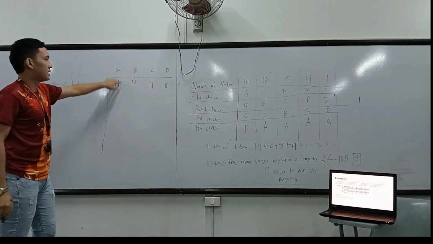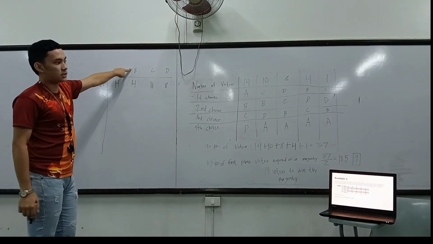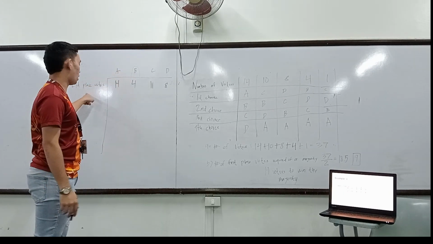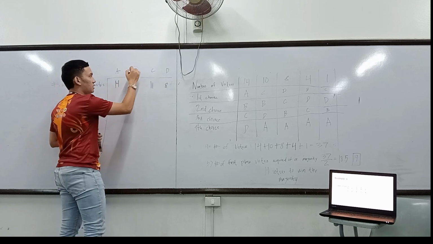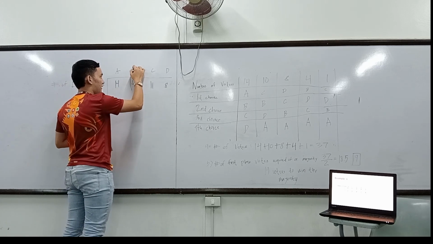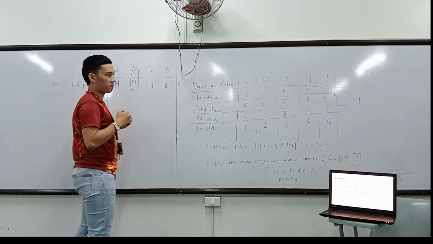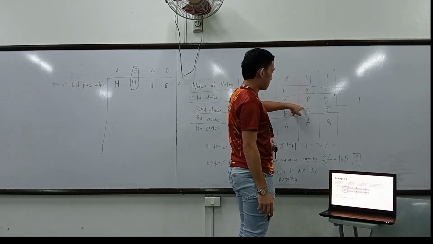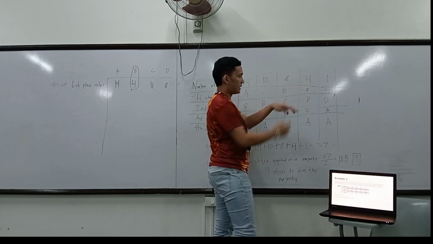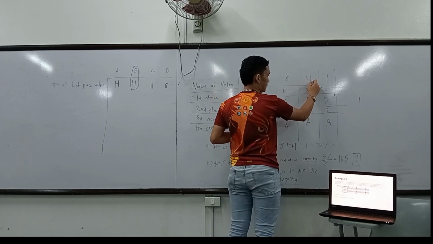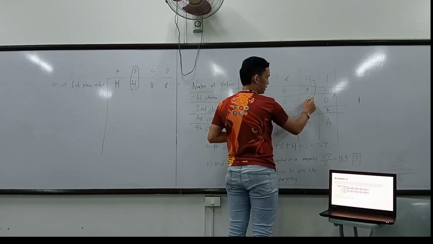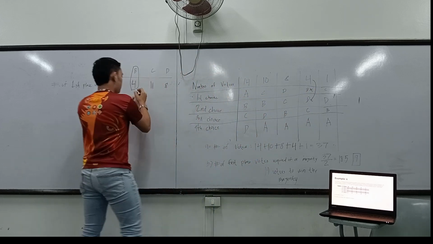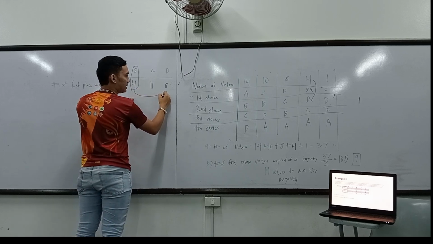As you can see, candidate B got the lowest votes in the first choice, so candidate B will be automatically eliminated. Candidate B also has other votes, so the 4 will be passed on, because candidate B is eliminated.